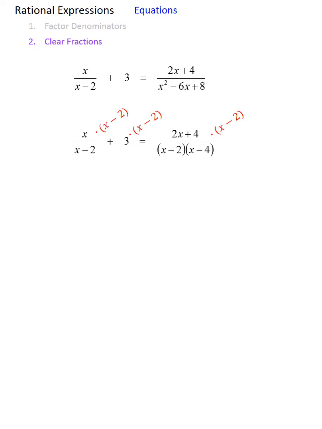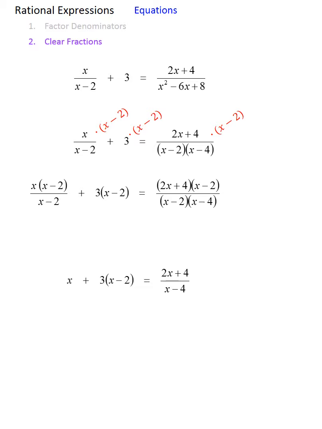Now when I do that, let me rewrite that in a more horizontal fashion. Notice these two expressions are the same. By choosing to multiply by x minus 2, I can simplify this equation down to this one. Let me explain.